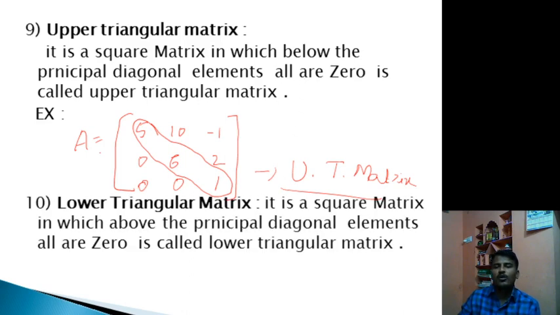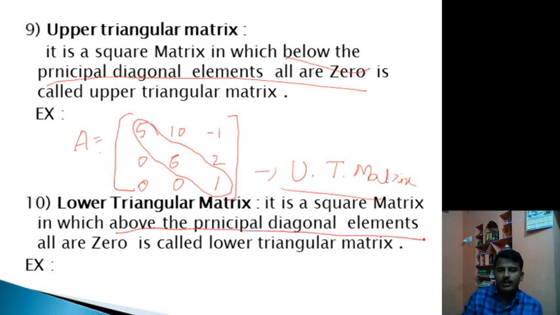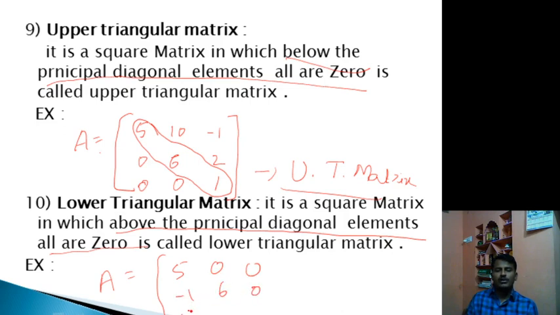Similarly, the lower triangular matrix. It means a square matrix in which the elements above the principal diagonal are all 0. For example, A is equal to 5 0 0, minus 1 6 0, 2 minus 7 and 3.